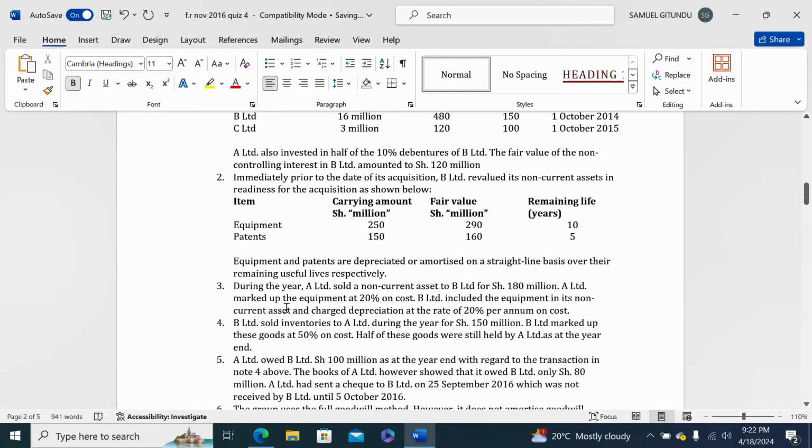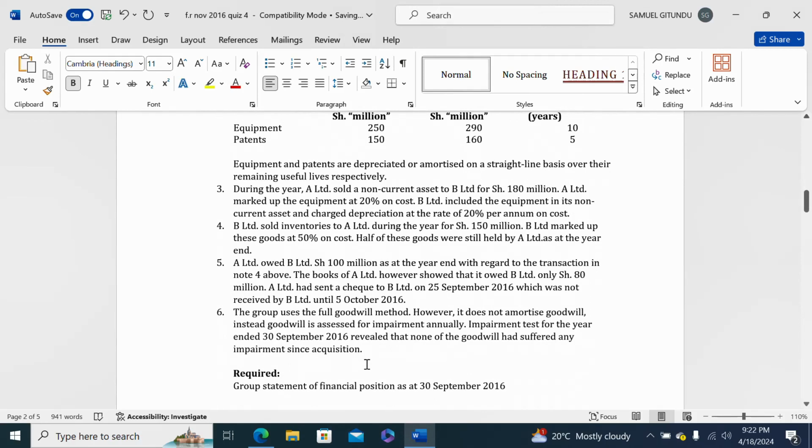A Limited marked up the equipment at 20% on cost. B Limited included the equipment in its own non-current assets and charged depreciation at the rate of 20% per annum on cost.